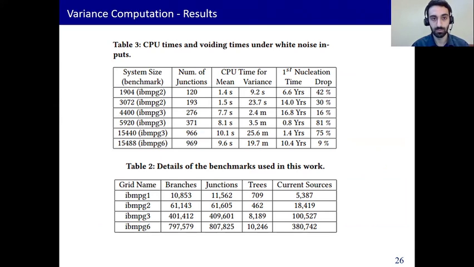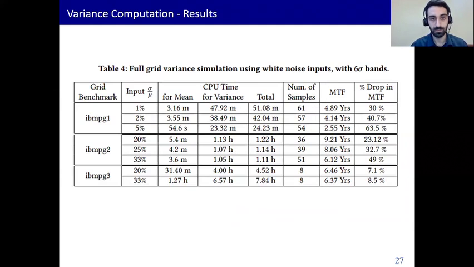The last two rows in this table correspond to the largest single trees we could find in our benchmarks. The CPU time for the mean and variance is up to 25 minutes. The more interesting results are the full grid simulations that include mean and variance. We set the input sigma over mu to be in the range of 20% to 33%.